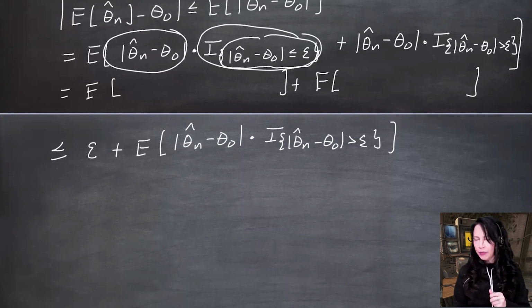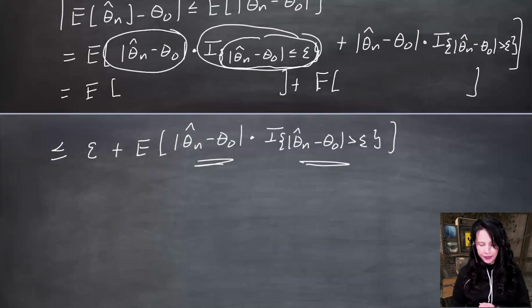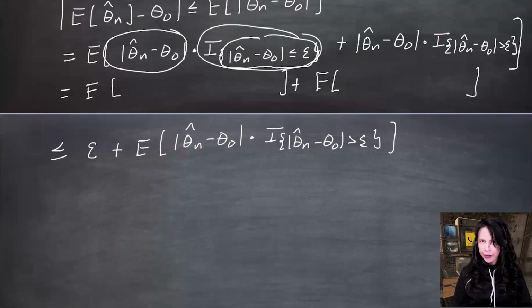But I want to set this up for using the Cauchy-Schwarz inequality. I really need to kind of separate this information. So I don't have a good motivation for you other than I've done it different ways and realized that this was probably a better way to go. So check this out.